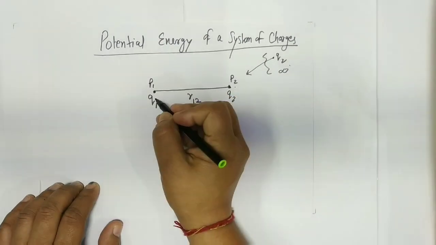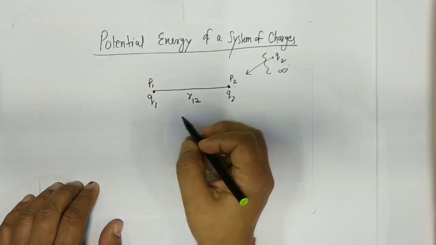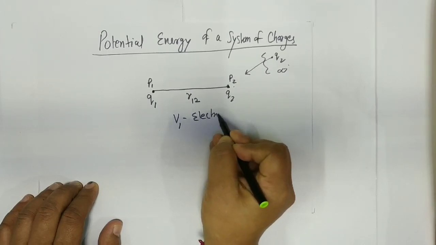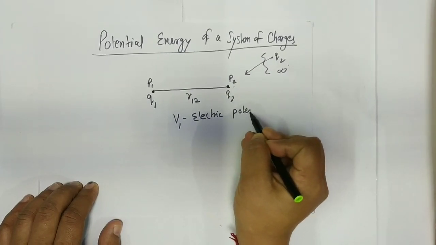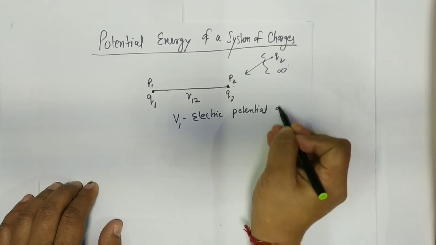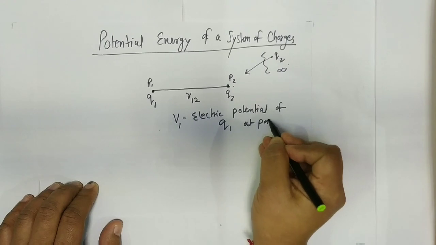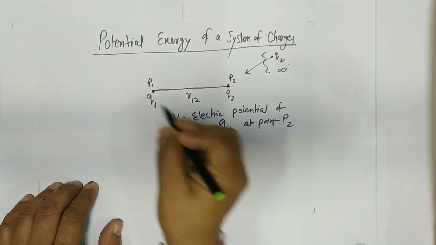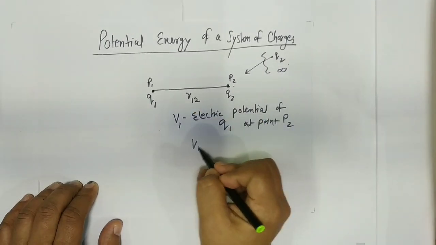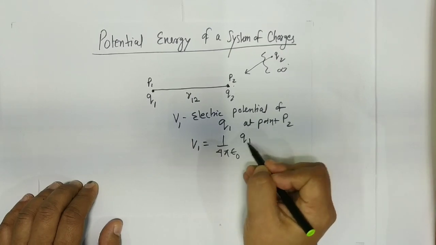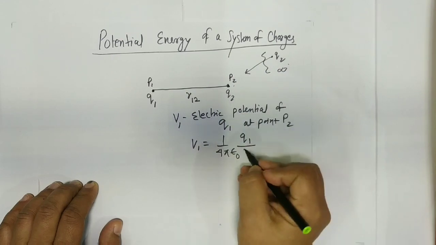At Q2 due to Q1. So if I ask you what is the electric potential, V1 is the electric potential of Q1 at point P2, kQ by R. So 1 upon 4 pi epsilon naught, it will be Q1 by the distance R12.